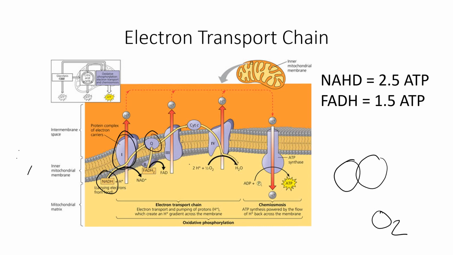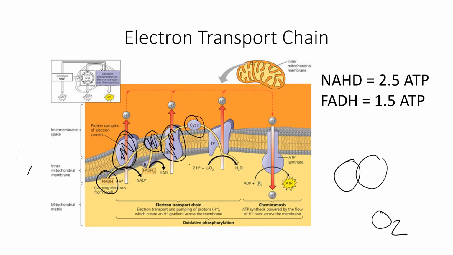Coenzyme Q has a higher reduction potential than complex 1. That's how coenzyme Q oxidizes complex 1 and becomes reduced. Complex 3 has a higher reduction potential than coenzyme Q. That's how complex 3 oxidizes coenzyme Q and becomes reduced.